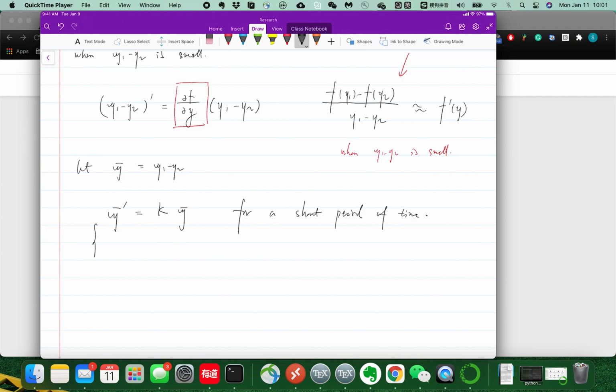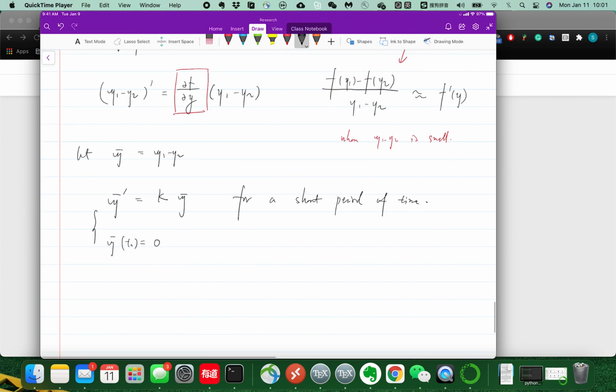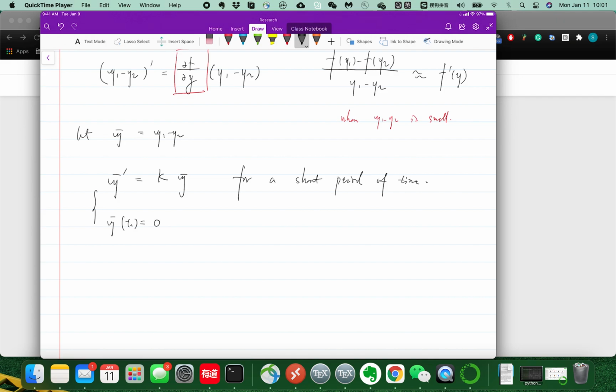Moreover, we know y bar equals 0 at t0, because at first y1 and y2 are the same. From here, you can see you have exponential growth with initial condition 0. Therefore, this will guarantee y bar equals 0 for a short period of time.